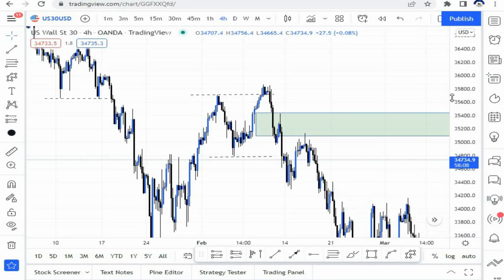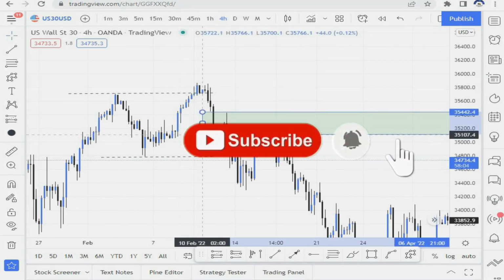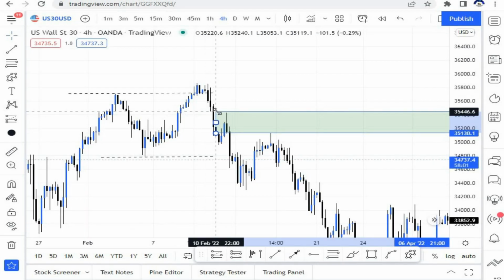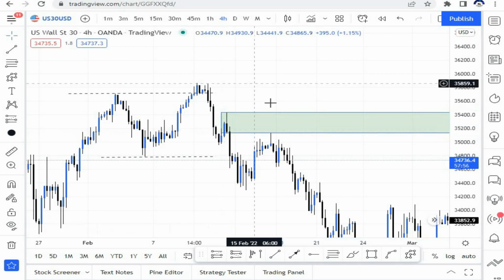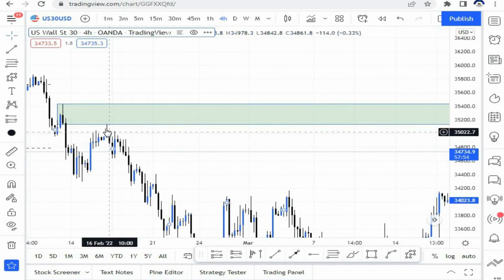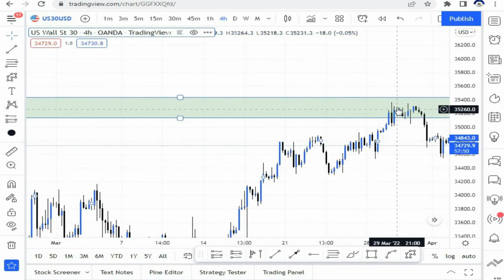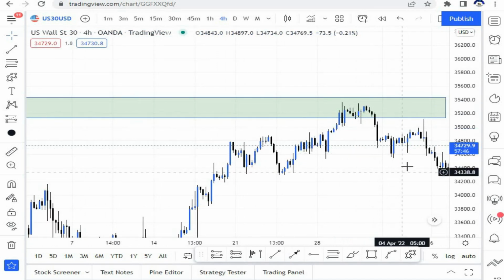So you mark the high of the last candlestick. This was the last candlestick you see here, and that's where the orders were at. So that's why the price came back to tap in. Here they failed to go in, but here they actually went in, as you can see, and the price has given us that drop move.